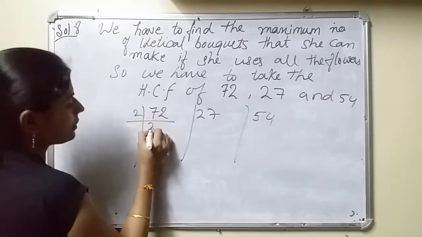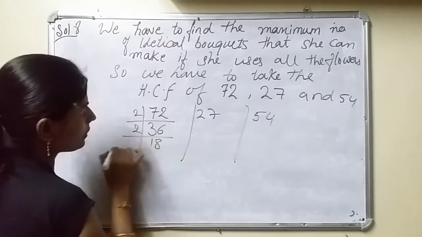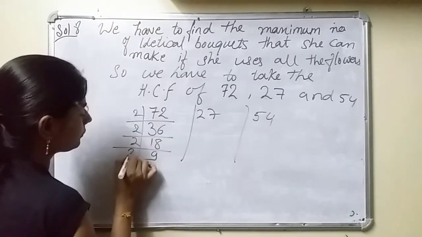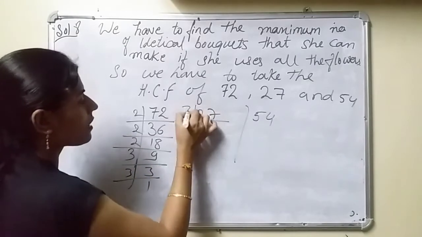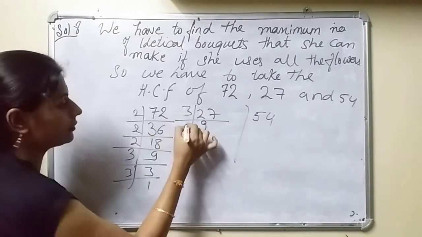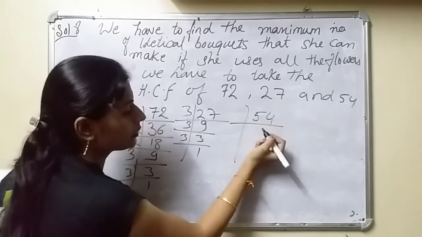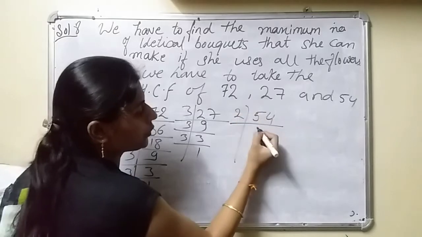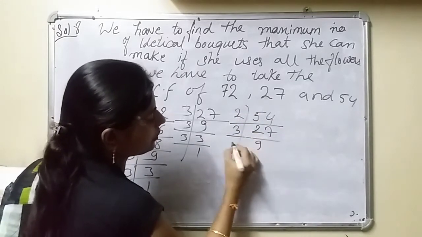By 2, 2 3s are 6, remainder 1, 6 are 12, 2 1s are 2, remainder 2 8s are 16, 2 9s are 18. 3 3s are 9, 3 9s are 27, 3 3s are 9. Here by 2, 2 2s are 4, remainder 1, 2 7s are 14, 3 9s are 27.